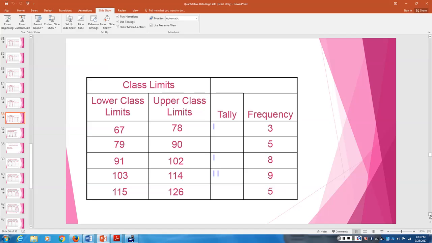And eventually we're going to figure out that there were 3 numbers between 67 and 78, and 5 between 79 and 90. And 91 to 102 we had 8, and 103 to 114 we had 9, and then from 115 to 126 we dropped back down to 5 again. So this tells us that most of our data are between 91 and 114.